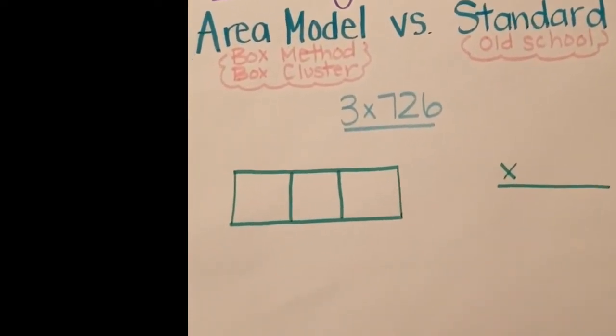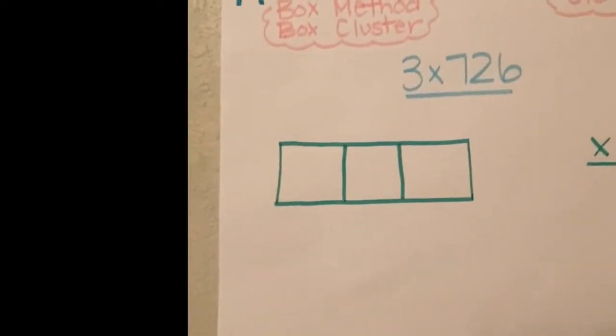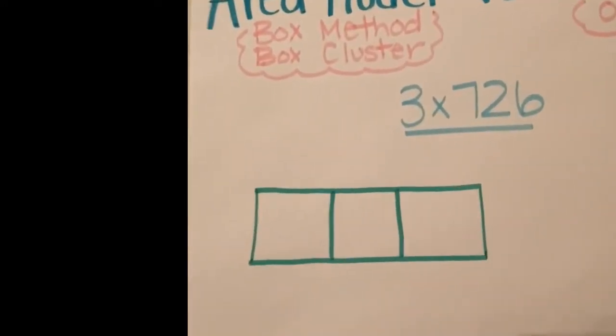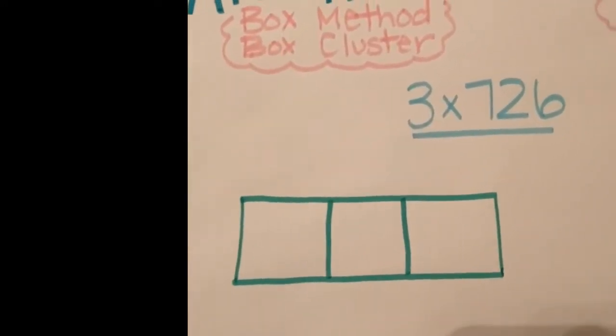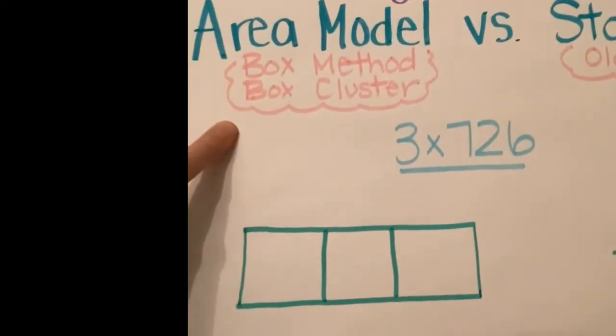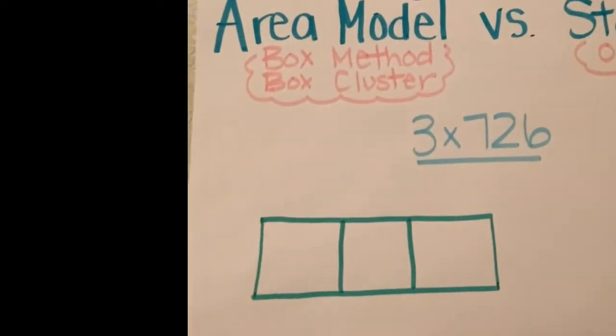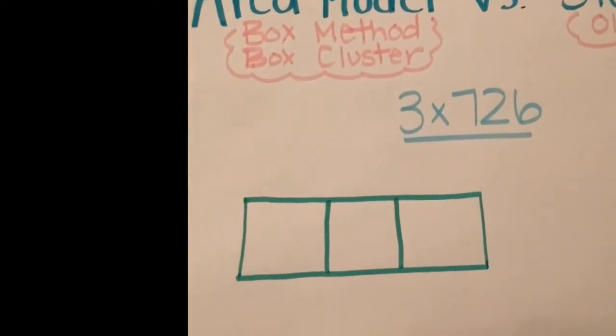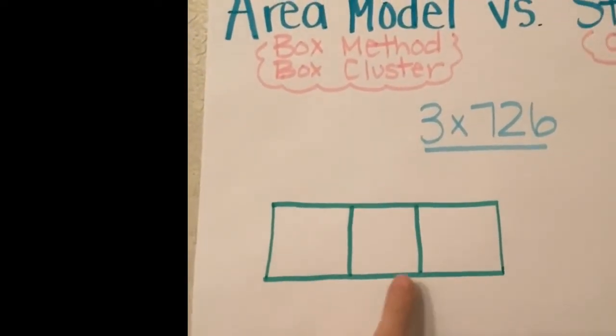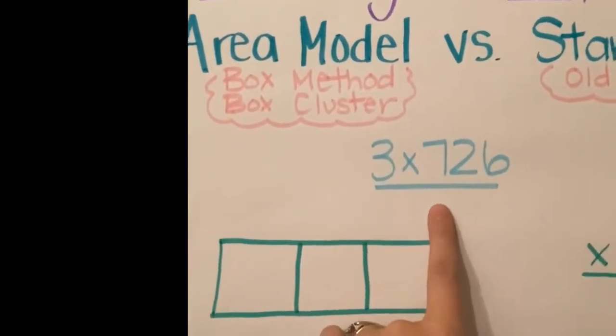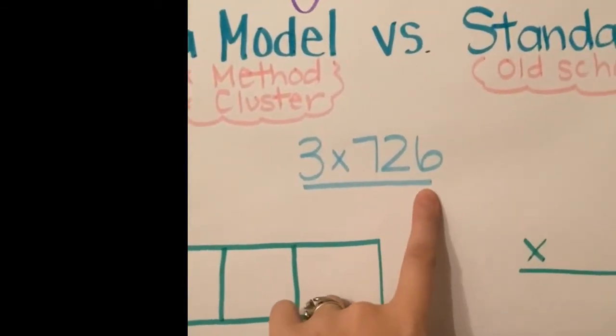So we're gonna do 3 times 726 using the area model. I've also seen it called a box method, a box and cluster method, but these top two I think are the most common ways that you'll hear it. So I have 3 boxes made because of this number here, 726.